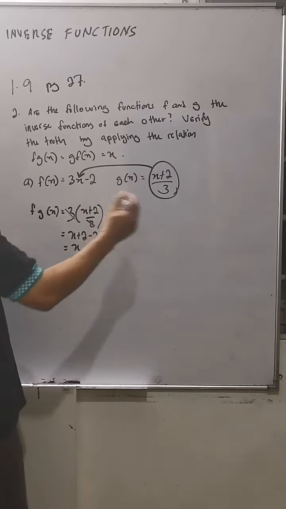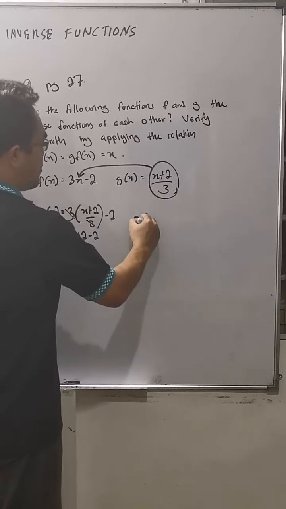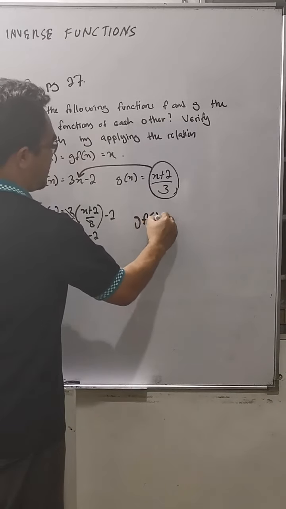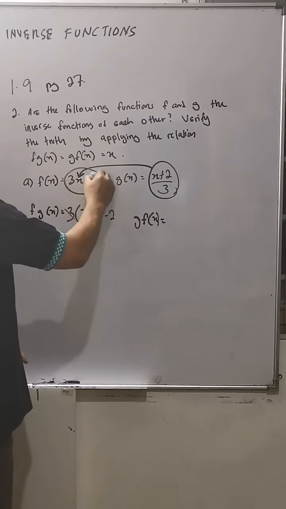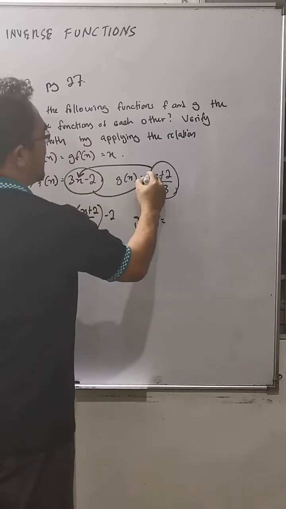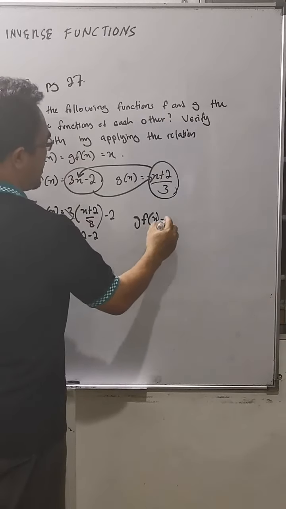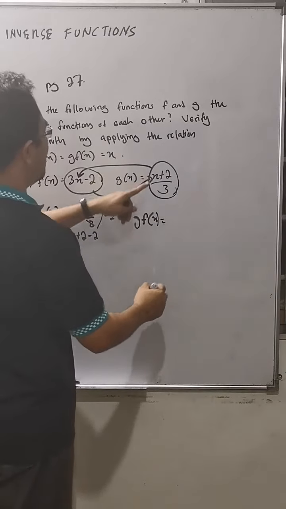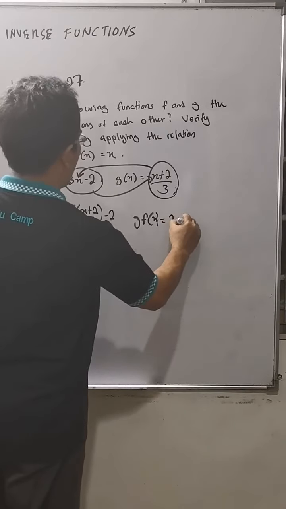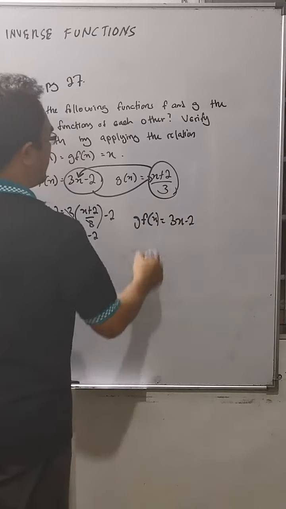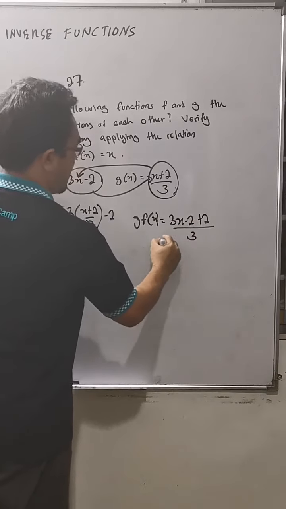Okay. But then you have to find the other composite, g(f(x)). g(f(x)) means substitute f inside g, where x is. So it equals 3x minus 2, where x is, then plus 2 over 3.